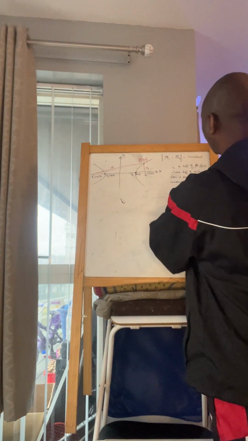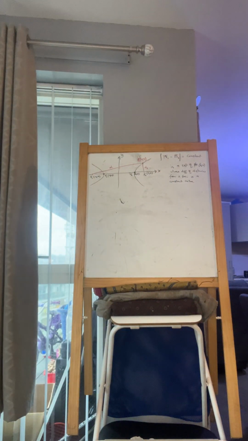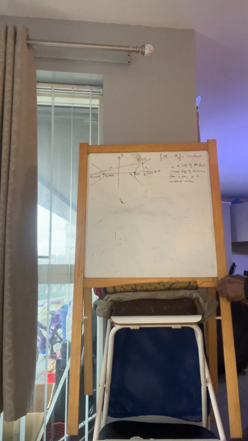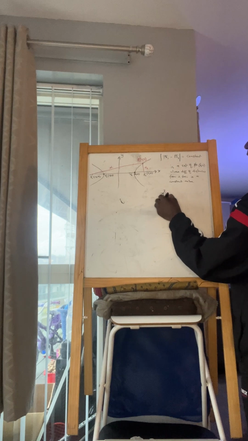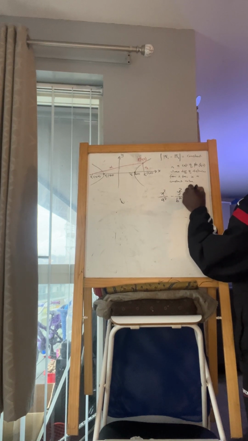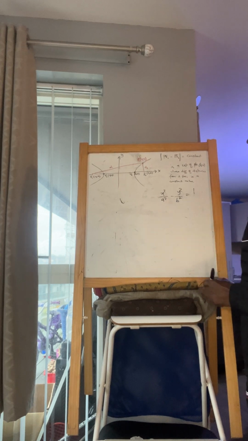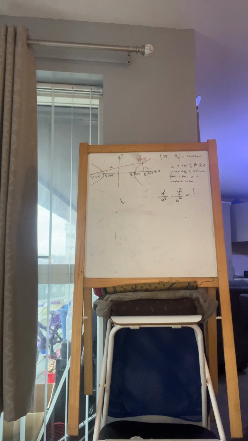Okay? So what we want to do today is to derive the formula of a hyperbola. We all know the formula of a hyperbola is x squared over a squared minus y squared over b squared equals 1. But how do we get this from here? Well, we follow the definition of a hyperbola.